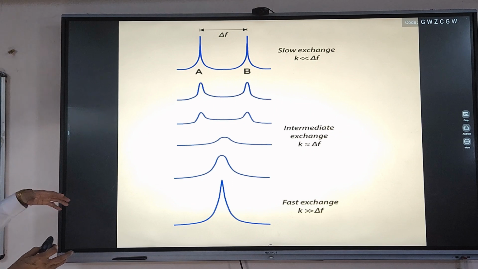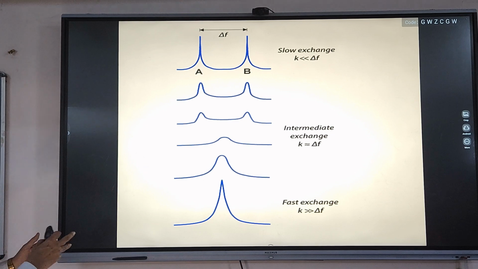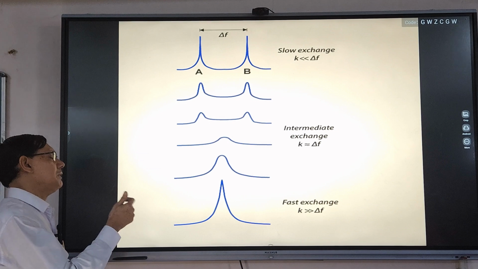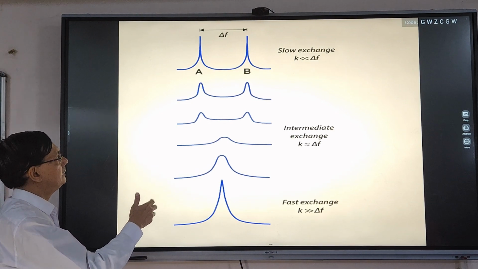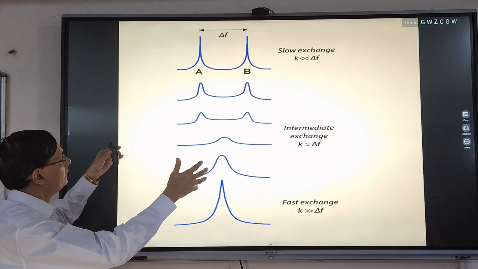It is also the same thing, but the representation is different. Again, slow exchange, intermediate exchange, then fast exchange. That means the clear-cut message is that if there is fast exchange, gradually these two peaks disappear.